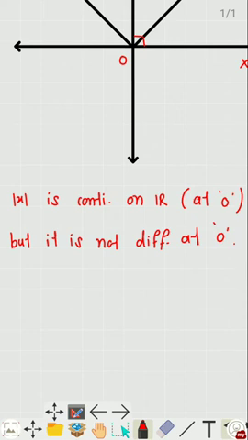So this is the best example which shows that the converse of the above theorem is not true.